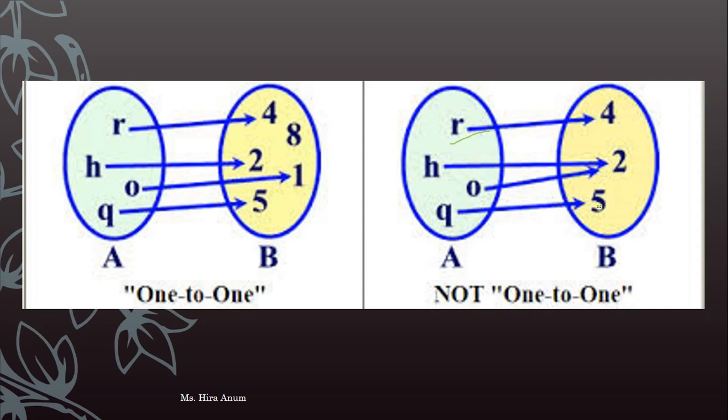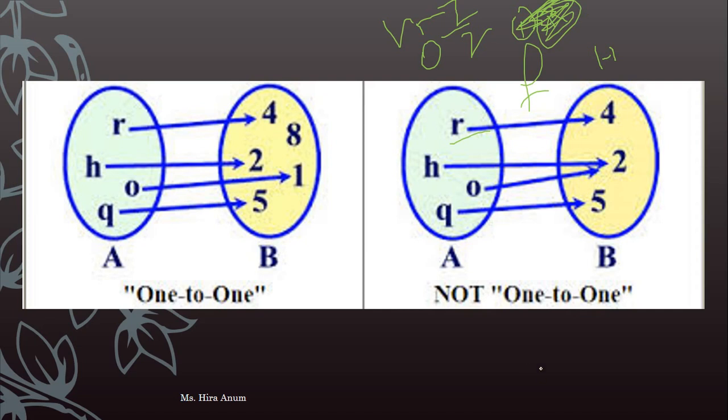Q, it is 5. This is a function but not a one-one function, because H gives 2 and O gives 2. So one-one is false, because we have one here, but here we have two.